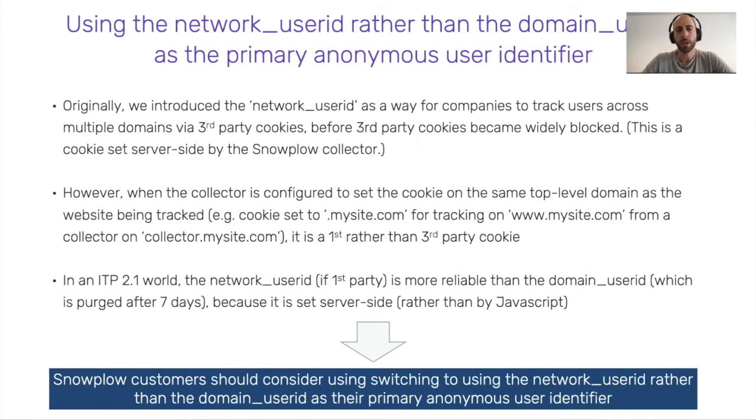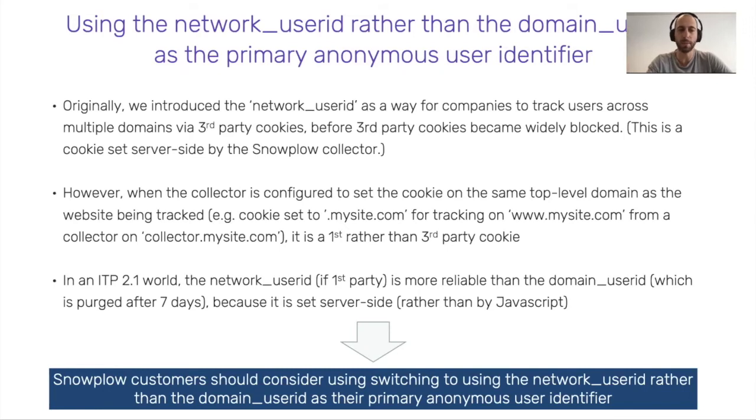So if I'm running my collector on collector.mysite.com, I can configure it to set cookies on .mysite.com, and then when I'm doing tracking on www.mysite.com, that network cookie is actually a first-party cookie.